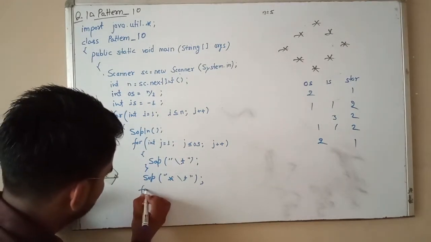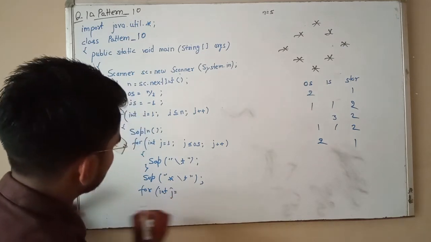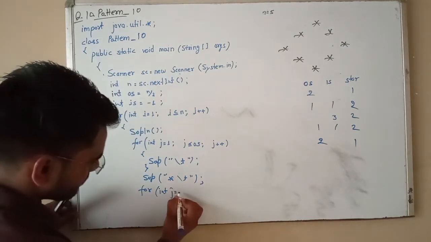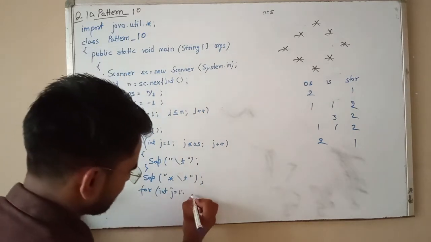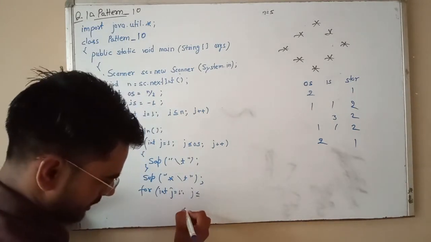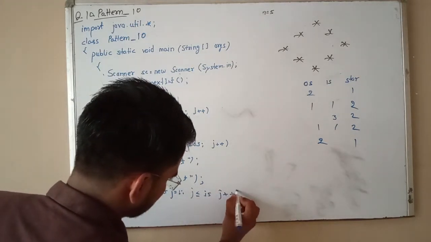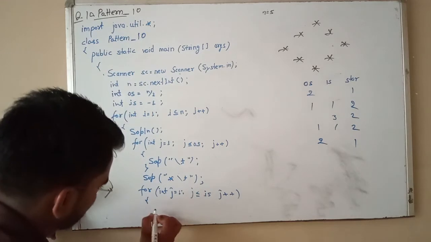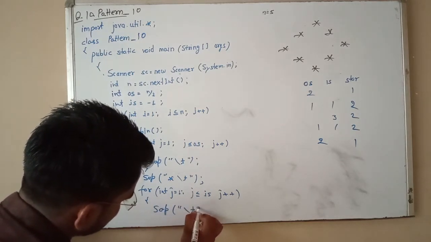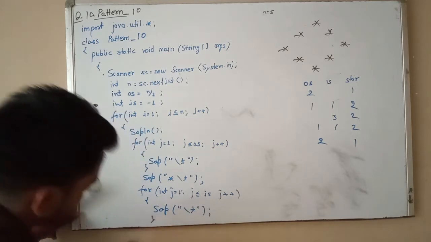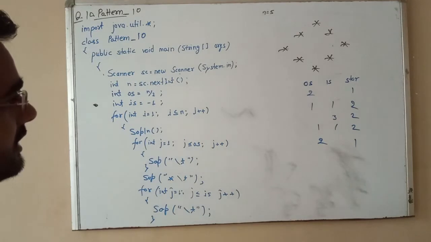So for the internal space use for int j equal to 1 and j less than or equal to internal space and j plus plus. Here also system dot out dot print the internal space. Close this, and after closing this we build the logic.